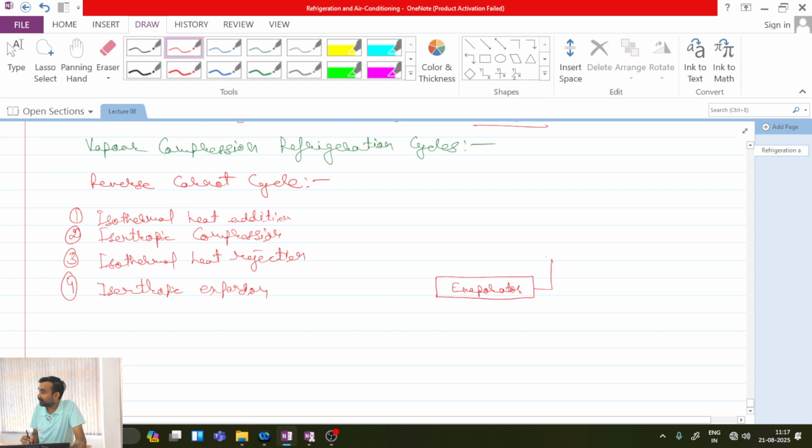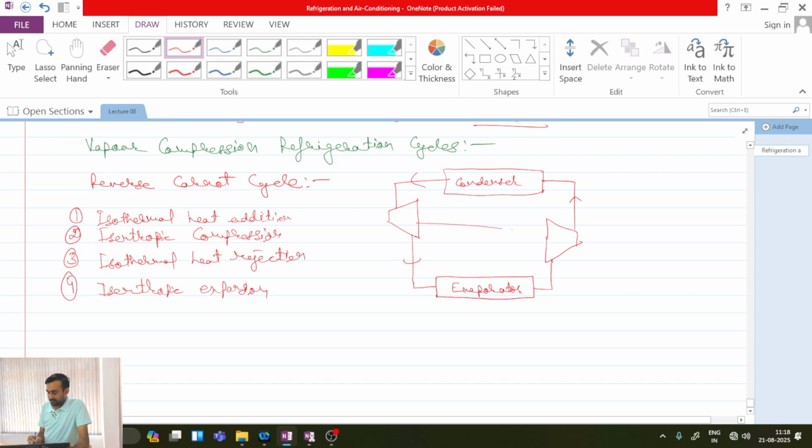Then I'll be having compressor. Then after that I'll be having another heat exchanger which is called, then I'll be having turbine.